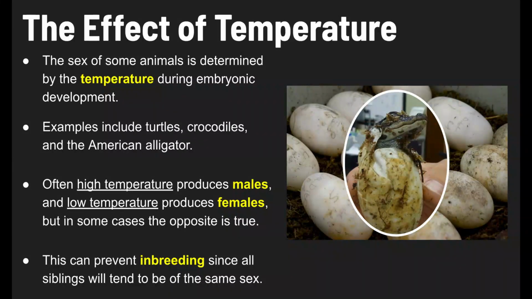You won't have males trying to reproduce with their sisters who are females. If they're all the same sex, they won't be able to reproduce with one another. So that's how the effect of temperature can actually prevent inbreeding, and it changes the phenotype. The temperature determines whether they develop to be a male or a female.